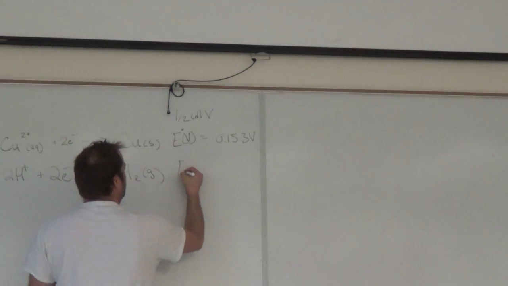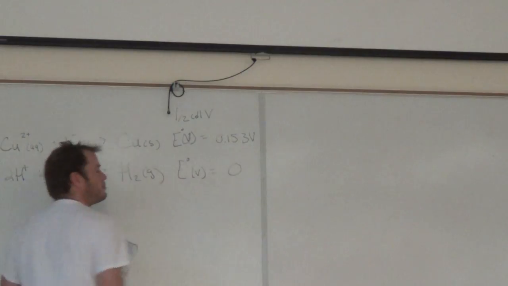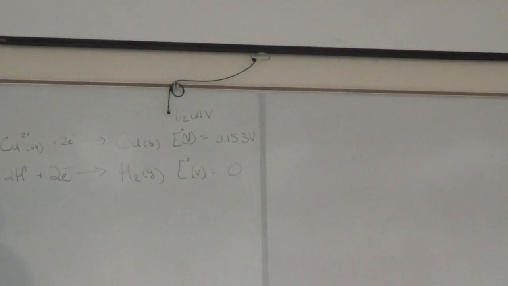We assign that a voltage of 0. So with the half cell voltage of hydrogen defined as 0, you can look at cells composed of hydrogen combined with other half cell reactions, and you can tabulate the half cell potentials for all those other reactions relative to hydrogen by assigning hydrogen a value of 0.